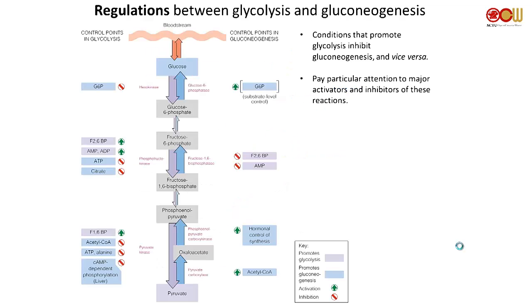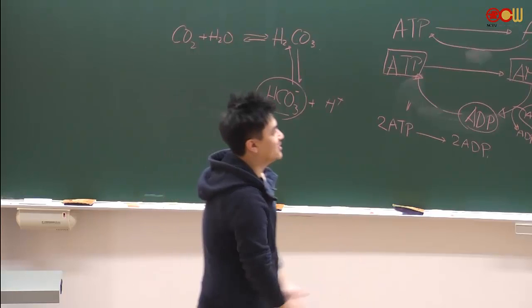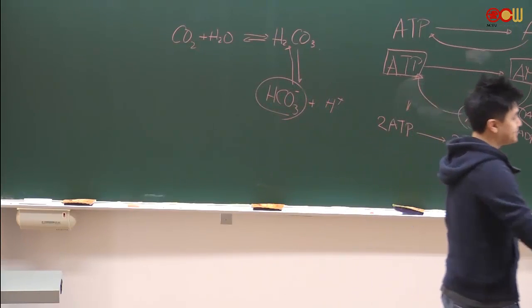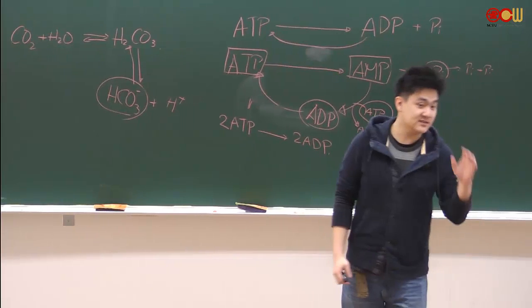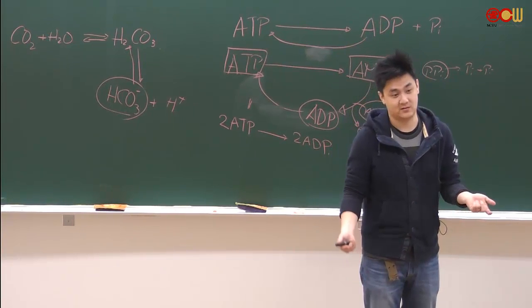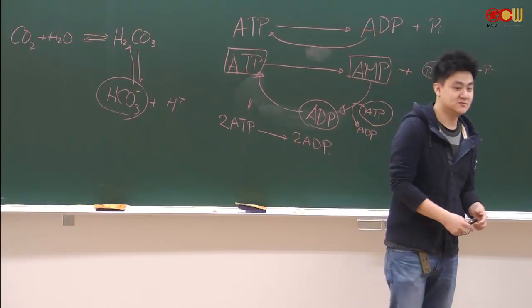All right, regulation. I can't just be talking about the chemistry. I need to talk about regulation, even though I don't really like regulation. Now, gluconeogenesis and glycolysis don't happen at the same time. Why? What happens if they do?